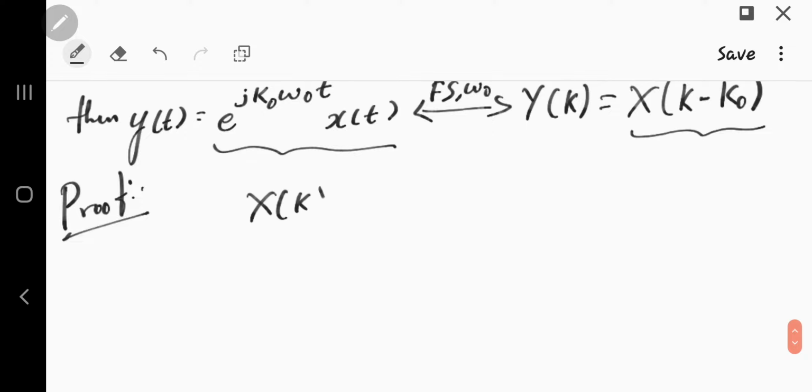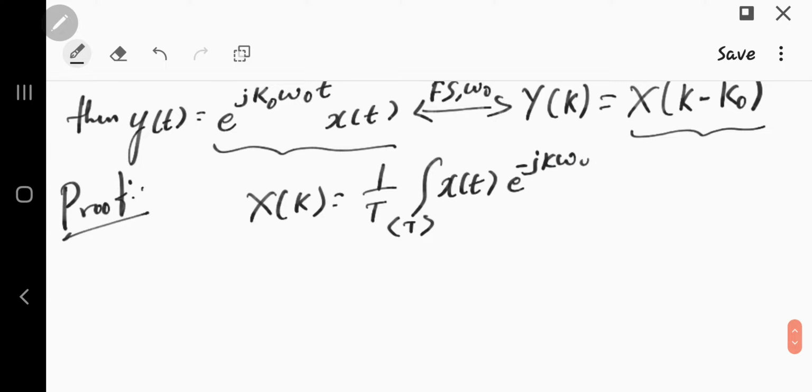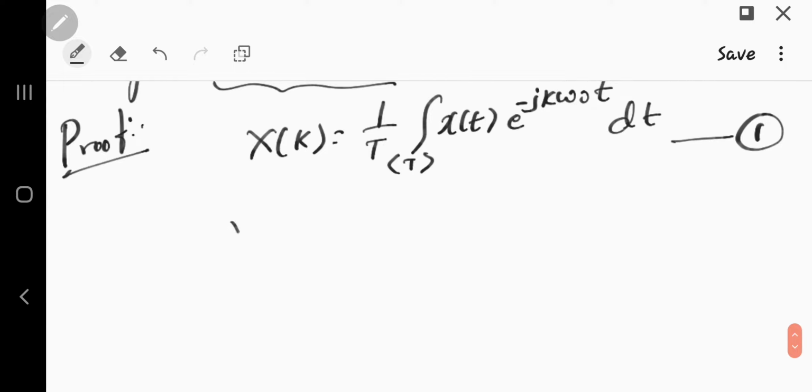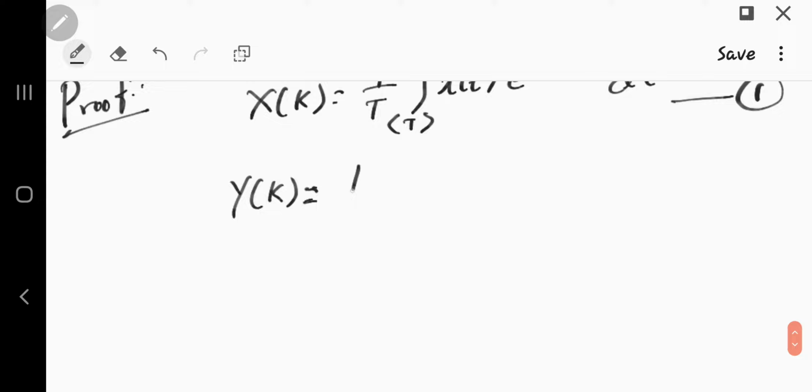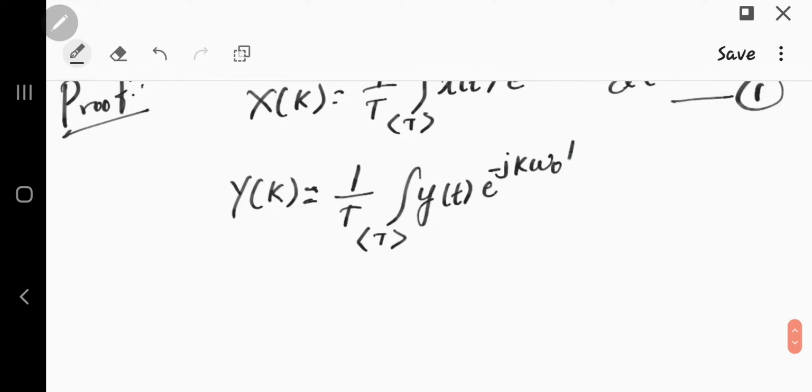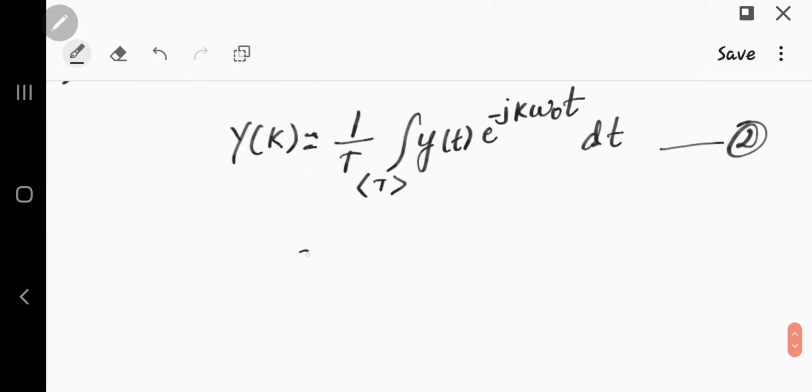So again we start with the first signal x of t, sorry, x of k. So call this 1 here. Now y of k is 1 by t integral of y of t e power minus j k omega naught t dt. Now substitute y of t. So what is y of t?